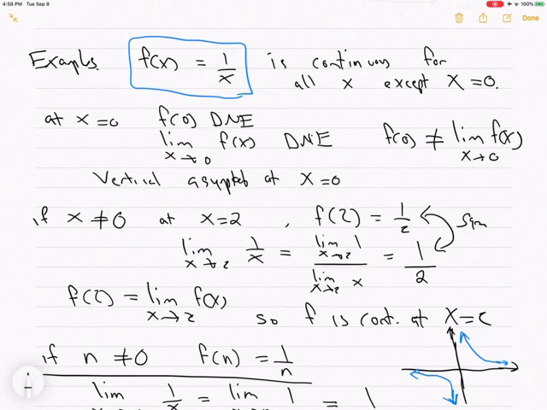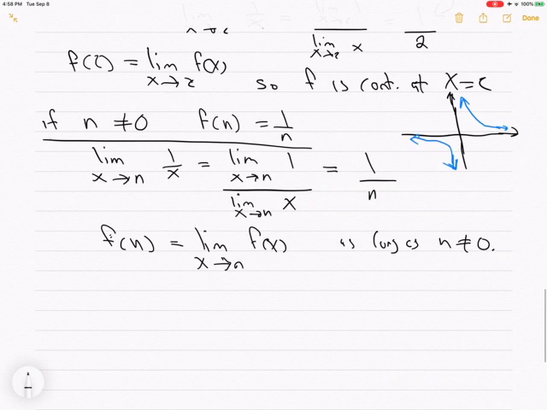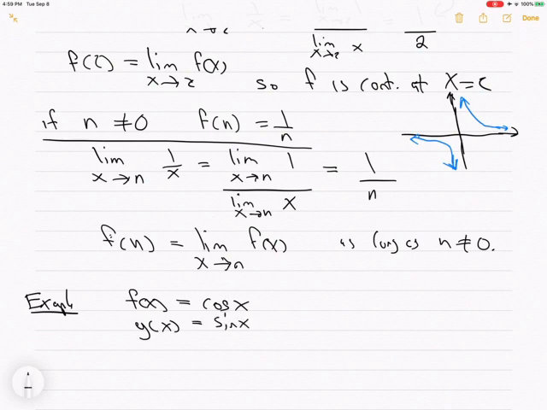Okay, but that's how you use the definition. Let's do another example. What if we have f of x equals cosine of x, or g of x equals sine of x? These are both continuous everywhere.